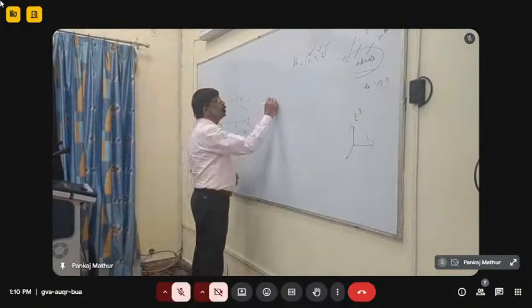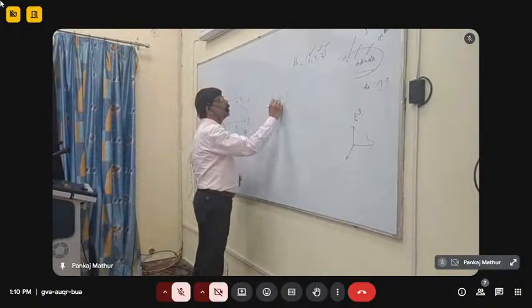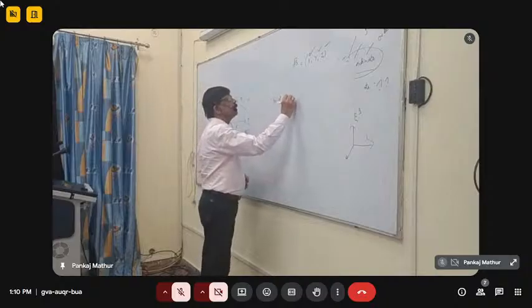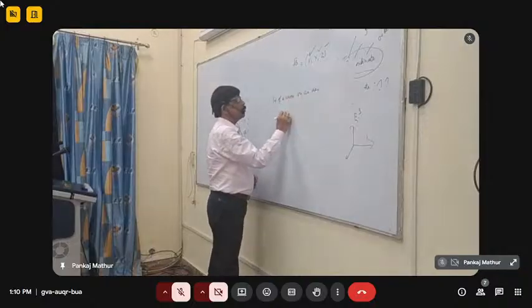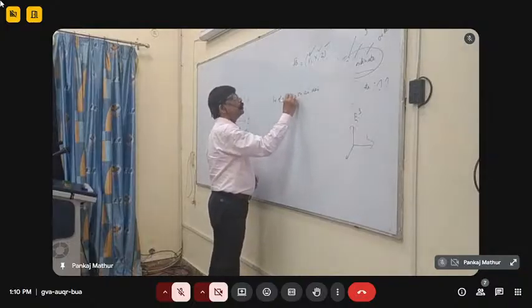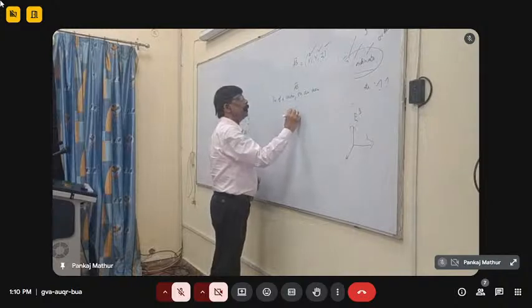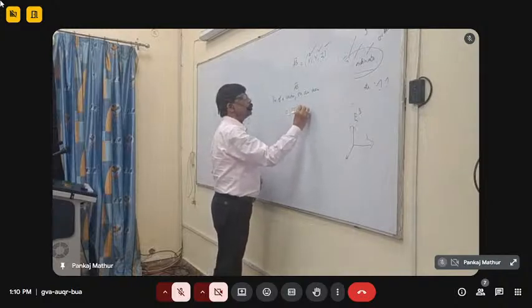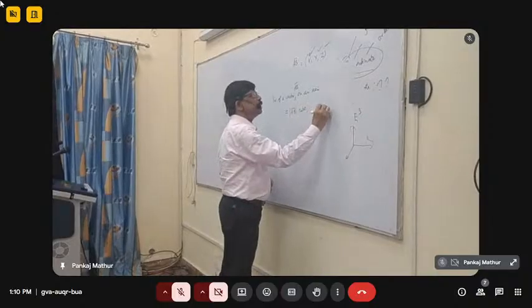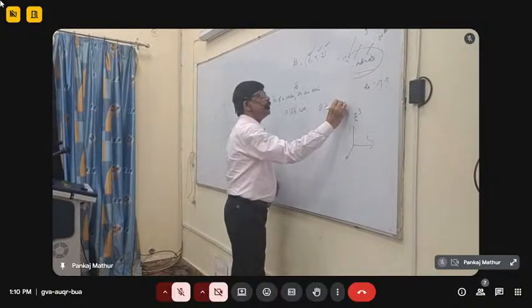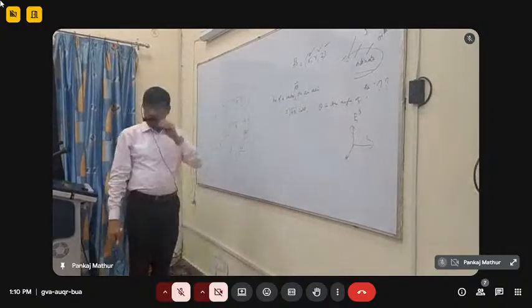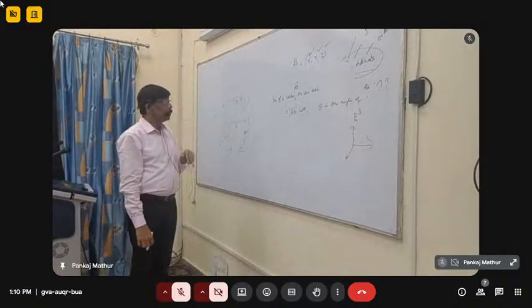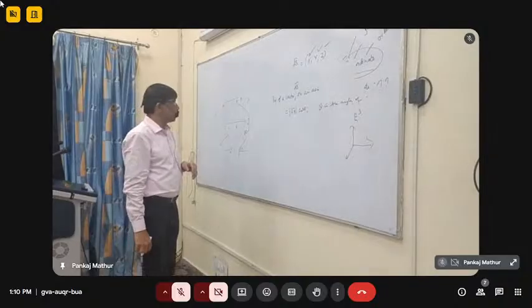We can write the projection of a vector on an axis as equal to the modulus of the vector AB times cos theta, where theta is the angle of inclination of the vector with respect to the axis.